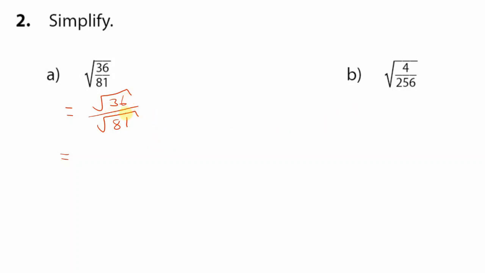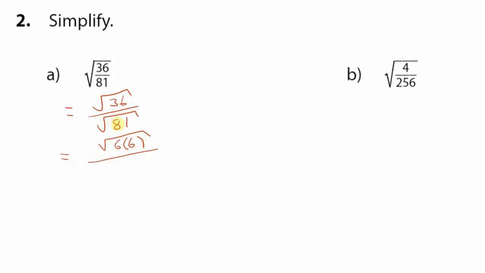So, square root of 36, now we need to work in reverse because a square root is the opposite of the square. So we need to ask, what times what gives 36? 6 times 6. 6 times 6 gives 36.